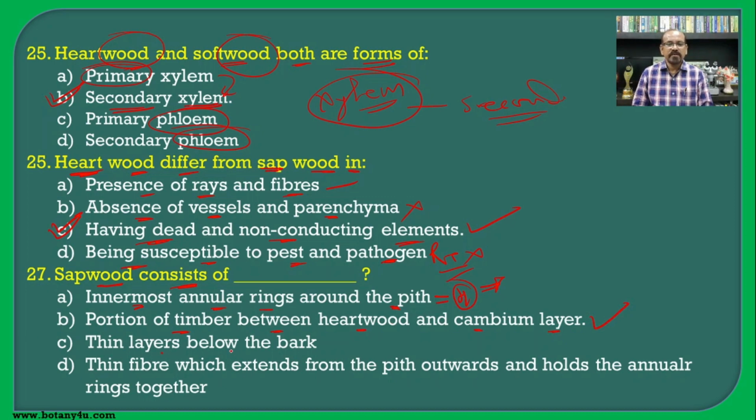Then, thin layer below the bark, so that is the cambium. Then, thin fibers which extend from the pith and hold the annual rings together, these are the medullary rays or pith rays, again not part of the sapwood, and hence the correct answer for sapwood is the portion of the timber between hardwood and cambium layer.